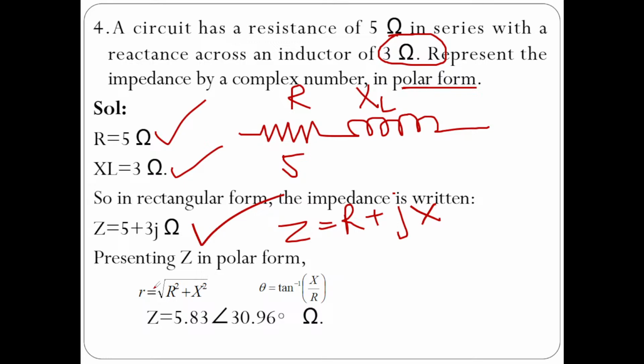Magnitude of Z is equal to root of 5 square plus 3 square. 5 square means 25, plus 9. So root of 25 plus 9, that is root of 34. If you simplify, you will get 5.83.